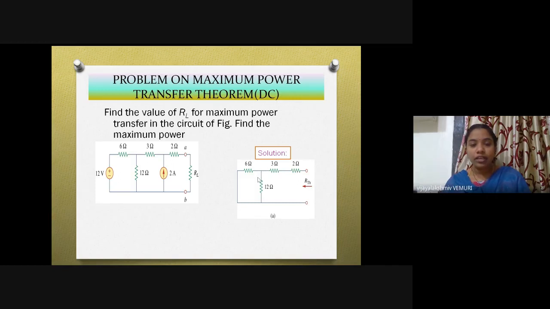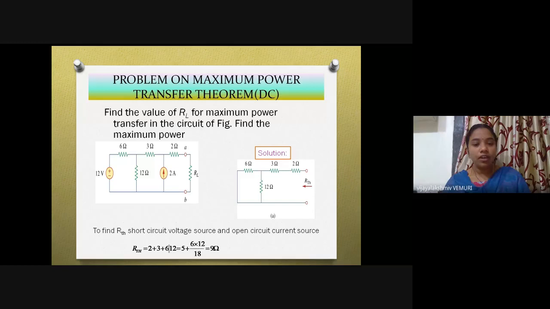It gets divided means both are in parallel, and this combination is in series with this 3 and 2. That is what Thevenin's resistance is. So to find the Thevenin equivalent resistance, the series combination of 2 plus 3 is in series with the parallel combination of 6 and 12. So R Thevenin value is 9 ohms.